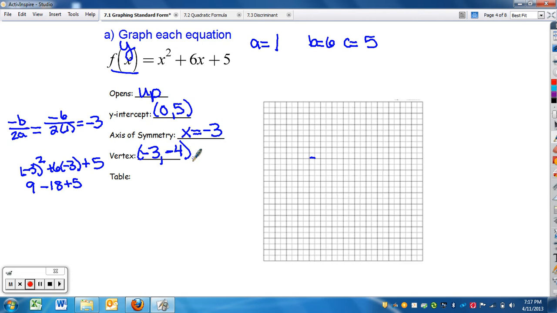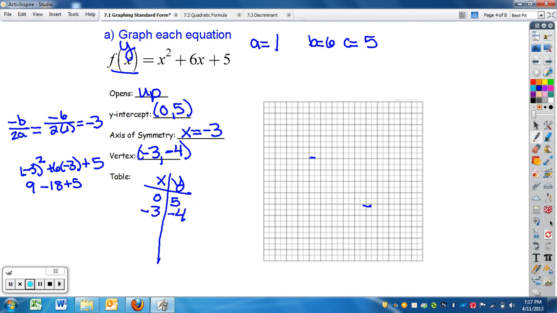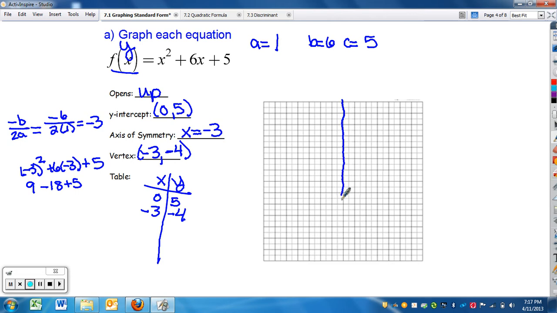All right, so filling out my table, we know we have 0, 5, and we have our vertex, negative 3, negative 4. All right. So I'm going to graph, draw my axes on here, straight as I can.